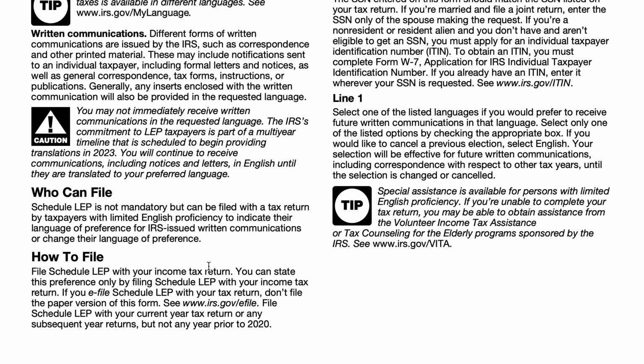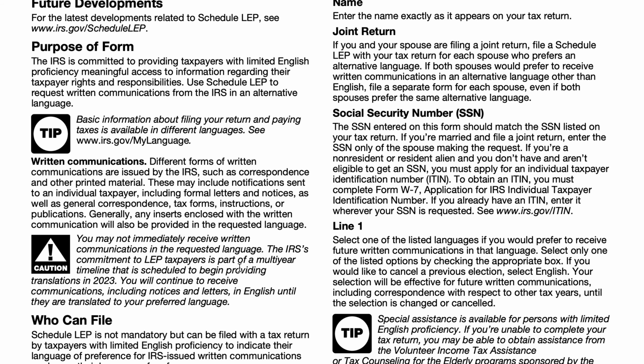What happens is if only one spouse files Schedule LEP, then the other spouse will continue to receive his or her correspondence in English. So for both taxpayers who have a preferred language other than English, each spouse needs to complete Schedule LEP and attach it to your tax return.